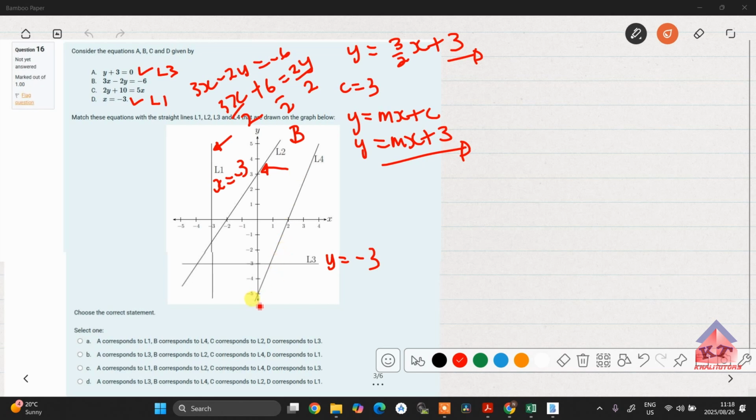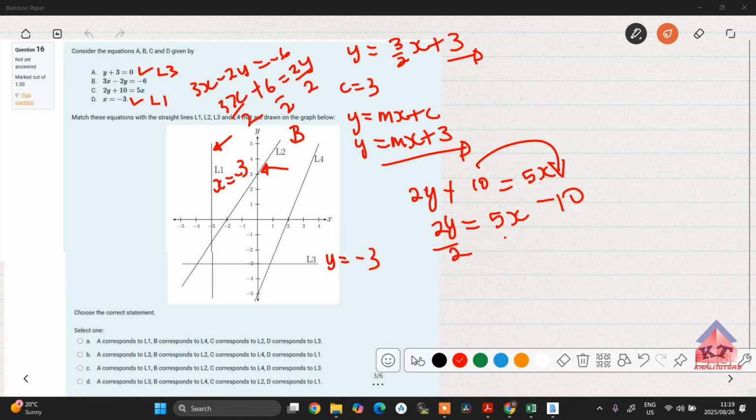And if you look at L4, we expect that the value of c is going to be minus 5, and it's easy to show that. We have 2y plus 10 equals 5x as our C. If we want to change this to its standard form, we have 2y equals 5x, then we move the 10 to the other side and it becomes minus 10.